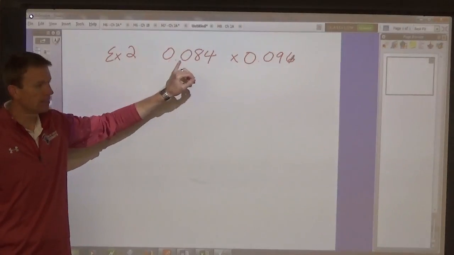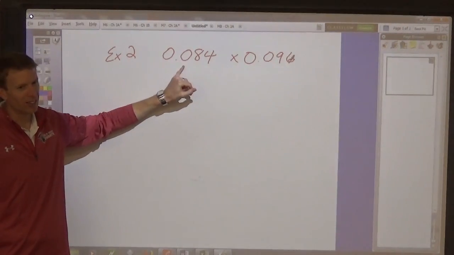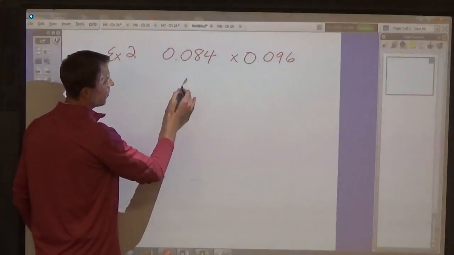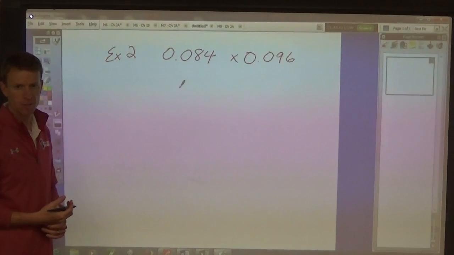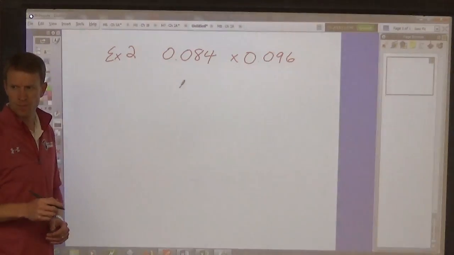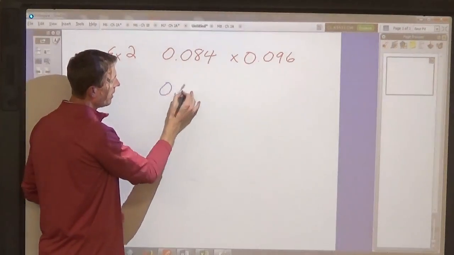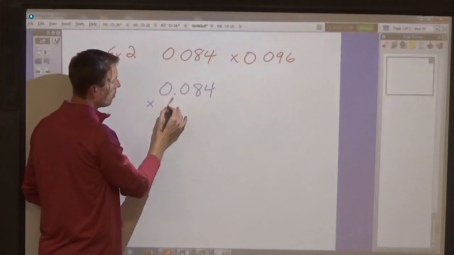Do I need all of these zeros? No. Well, yes. Some of them you do. Okay? First of all, if I follow the procedure, what is step 1? Multiply the numbers as usual. So first of all, I'm going to write everything in a way that I can multiply.